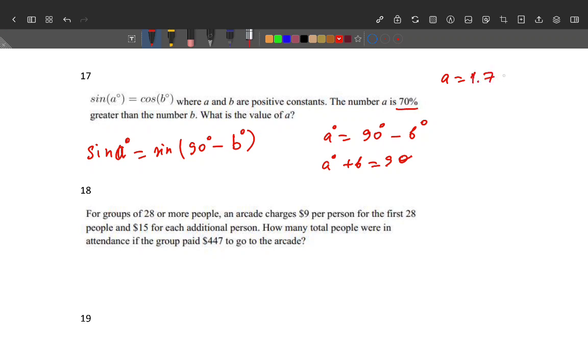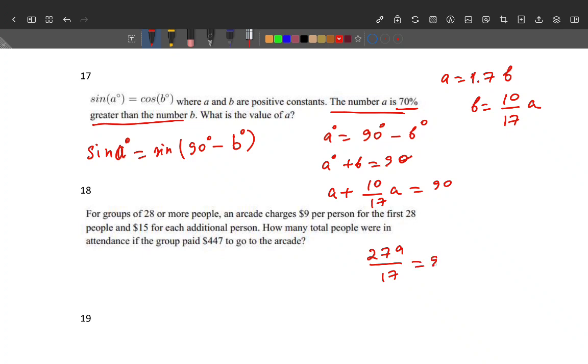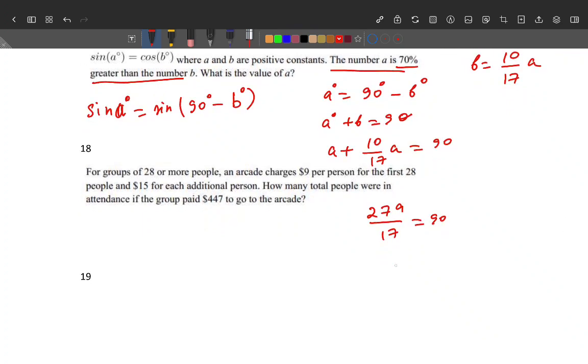Because of this, I can write B will be equal to 10 divided by 17A. It means A plus this is equal to this 27, 8 divided by 17 is this one. From here A will be divided by 3. A will be this value.